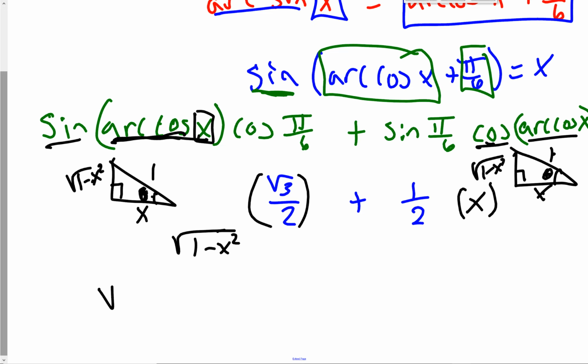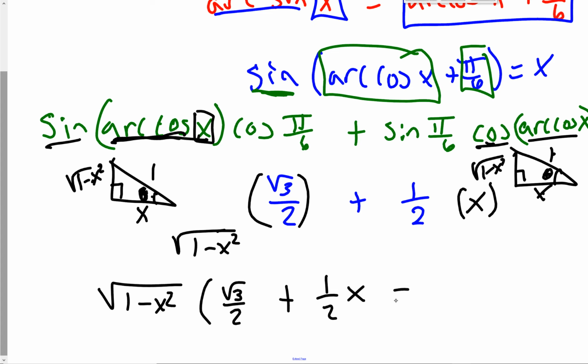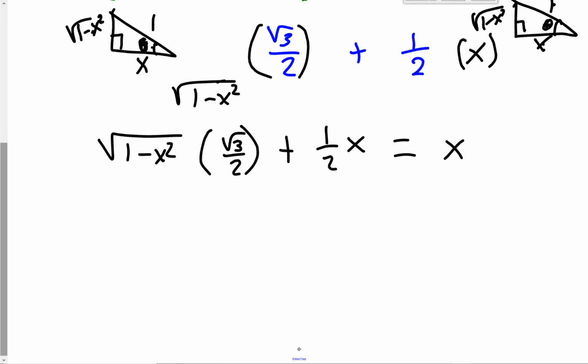All right, so we have square root of 1 minus x squared times root 3 over 2, plus 1/2 times x, so 1/2 x, and then we have equals x. Okay, so now we can go ahead and simplify this. We can start solving this.